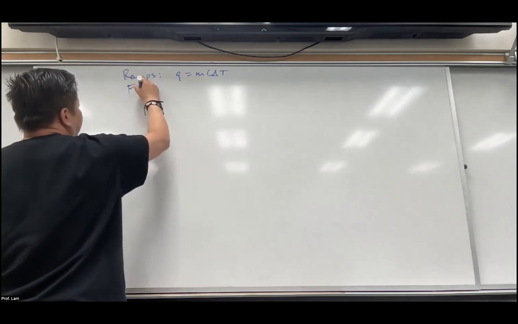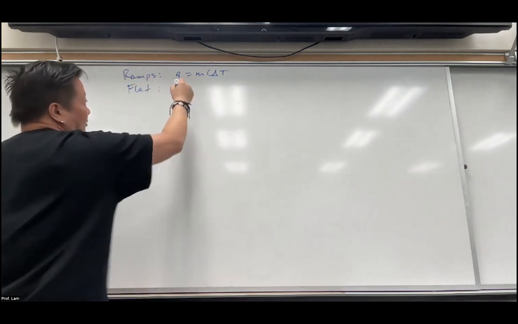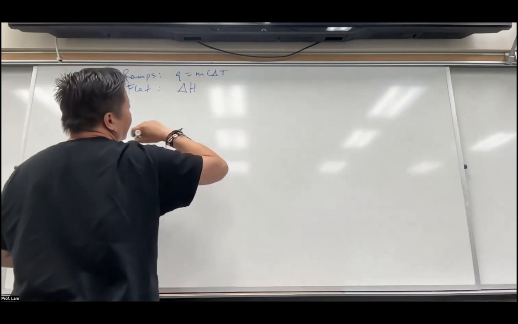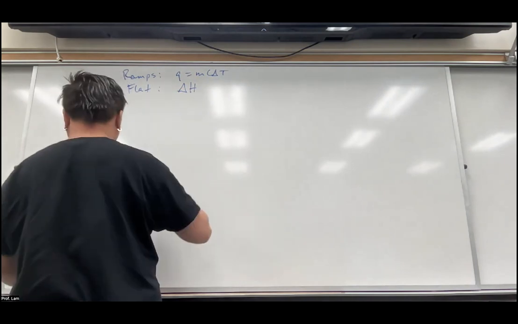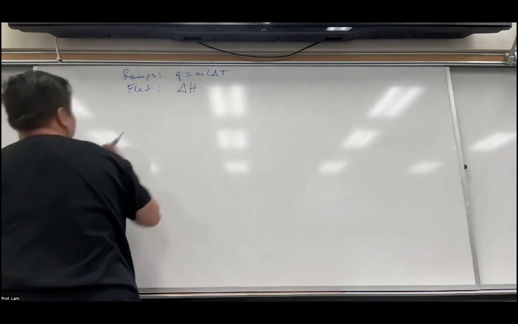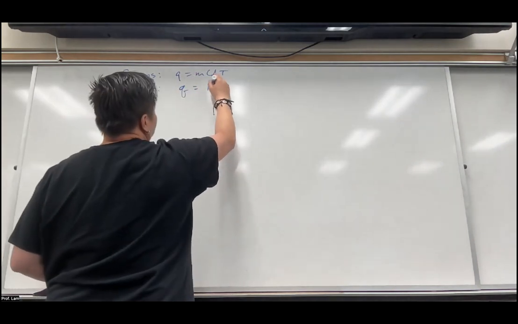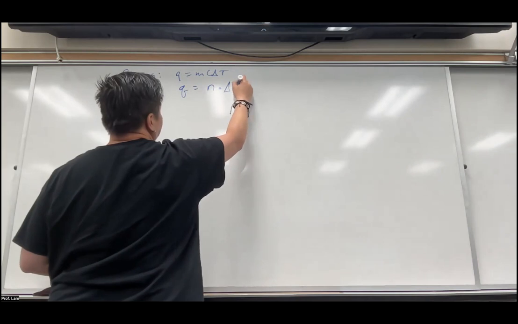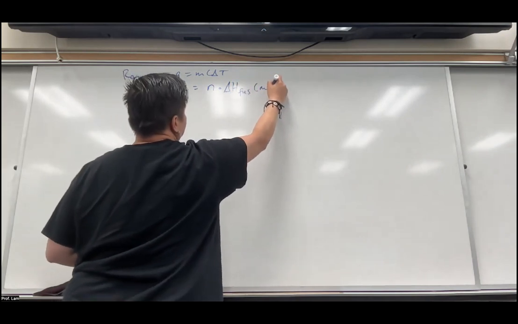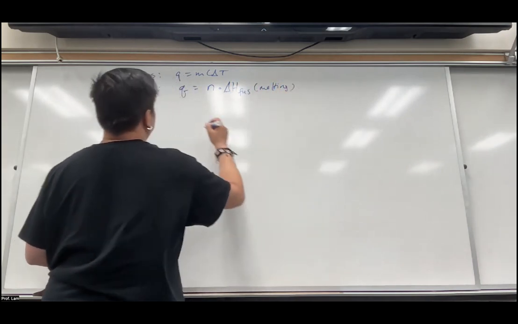When you have a flat, then it depends on the flat. Q is going to be equal to mole times the delta H fusion at melting. Your flat is melting.